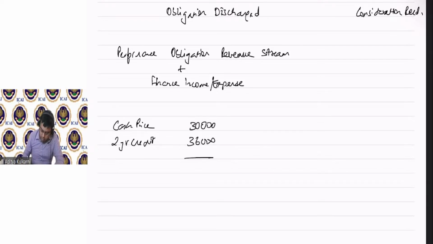So the total 6,000 becomes your interest for financing. This is the 6,000 which you will recognize over time.